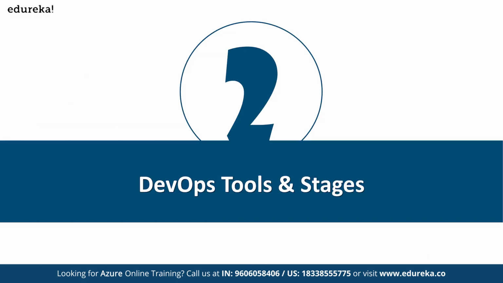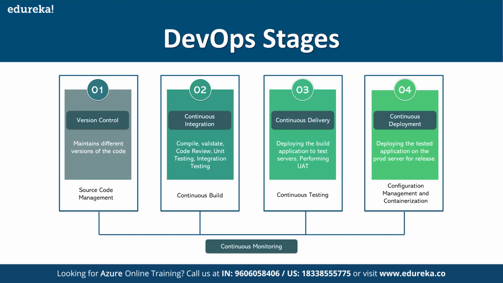So we have DevOps tools and stages. We have seen some of the tools, and the stages are very important. We have version control, continuous integration, all of these stages. Version control is stage one, and it maintains different versions of the code.